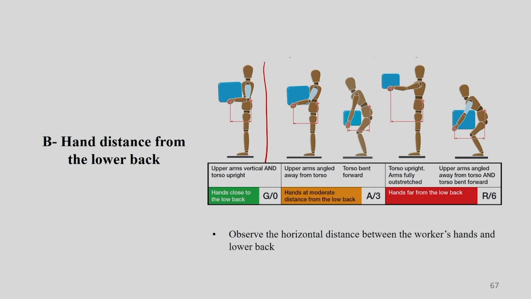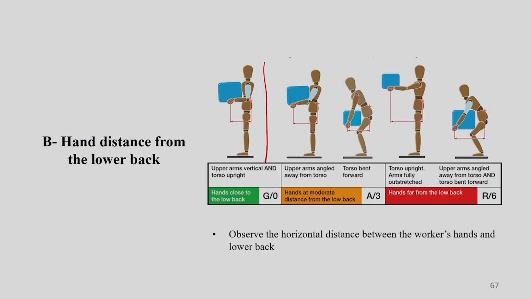Now coming to the next part, that is the amber zone. The amber zone may have two varieties. One is the upper arm has some kind of angle away from the torso, so you are moving forward, or the torso is bent forward.